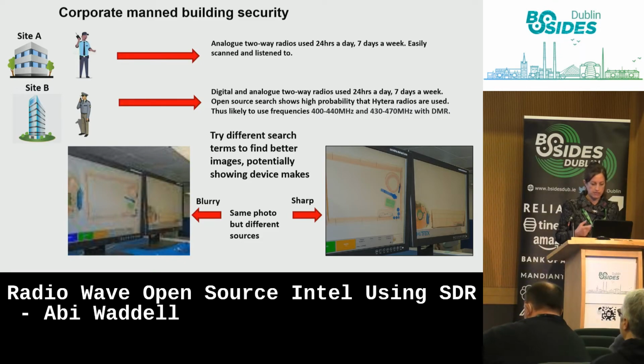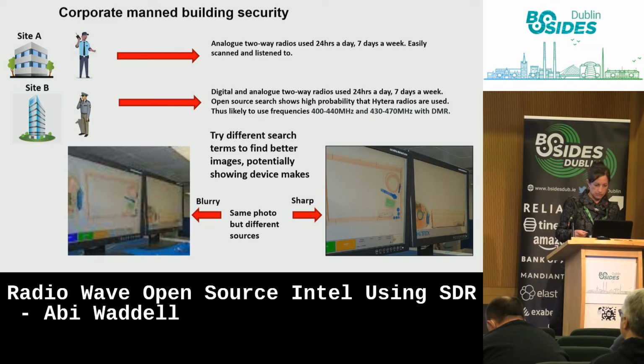Images of devices in use can sometimes be found on public sources, and it's often useful to get creative with the search terms in use if a particular image is of poor quality. So this example shows the X-ray scanner in an airport on a military base. The first search terms that were used, X-ray scanner and the name of the base in Google, brought up the image on the left, which is pretty blurry.